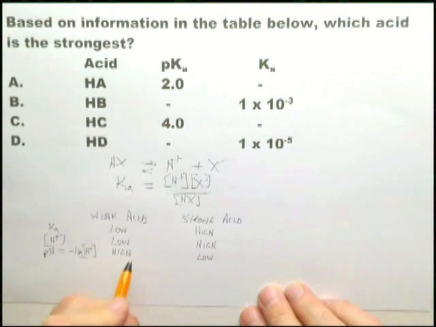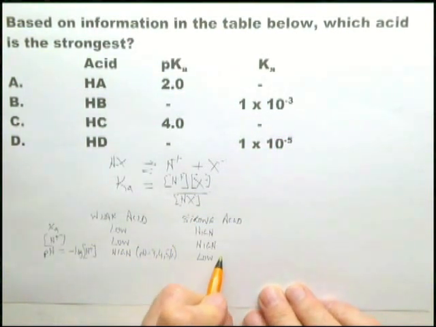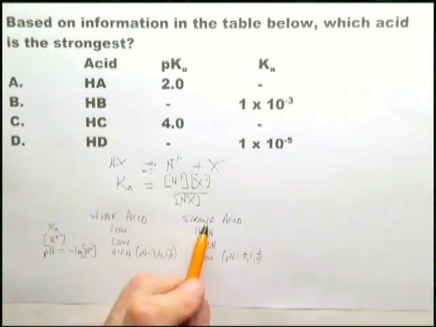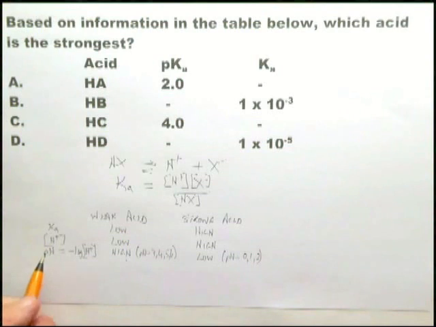Now these are relative figures, because high means something like pH 3, 4, 5, 6, and low means pH 0, 1, 2, depending on the concentration of the strong acid, and depending on the concentration and the Ka value for the weak acid.